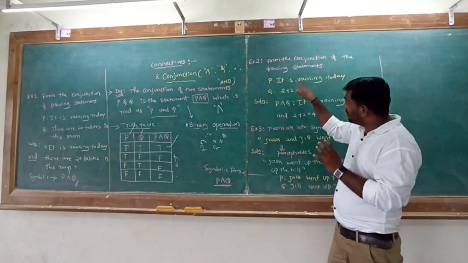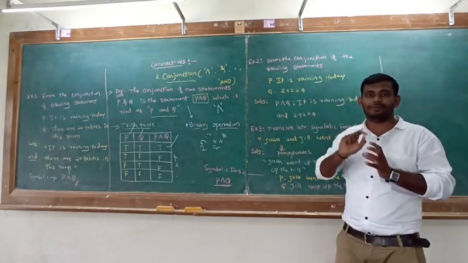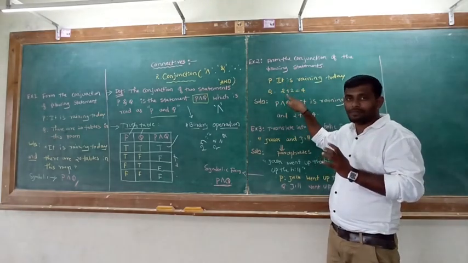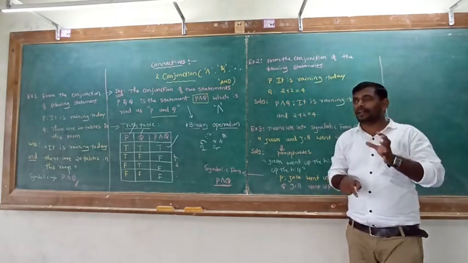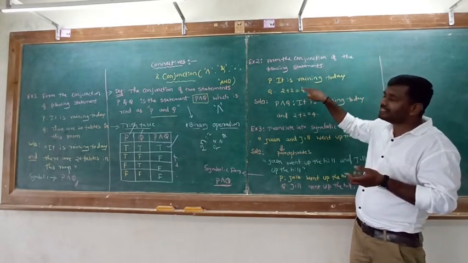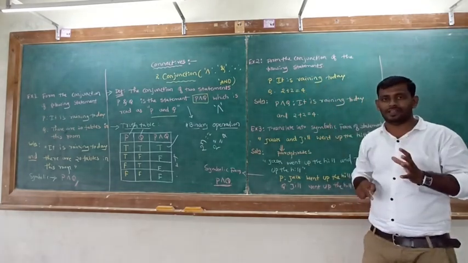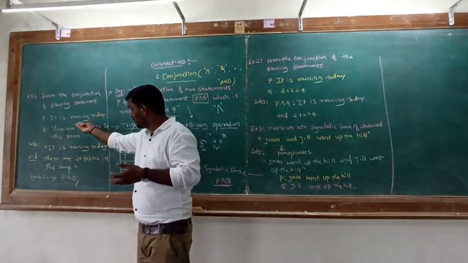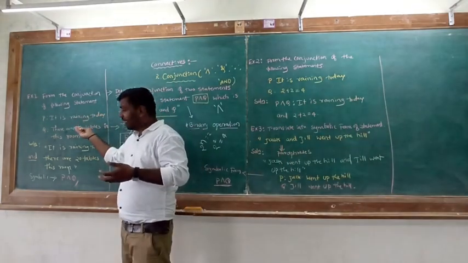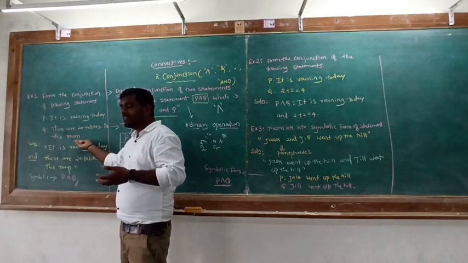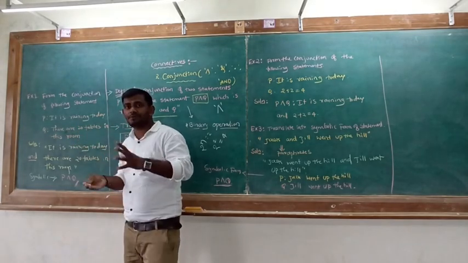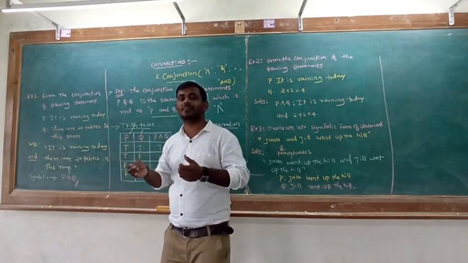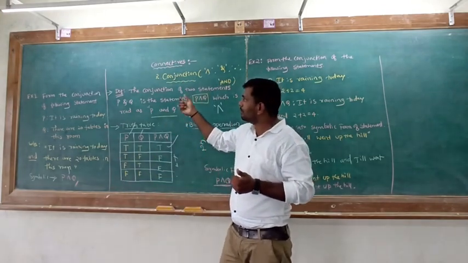But in mathematical logic there is no such requirement, and we can still write them in the form of a conjunction. For example, it is raining today, and there are 20 tables in this room: no relation between these two sentences, but combining them is possible in mathematical logic by using conjunction.